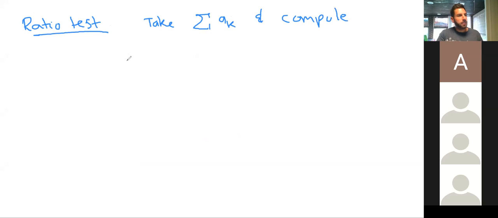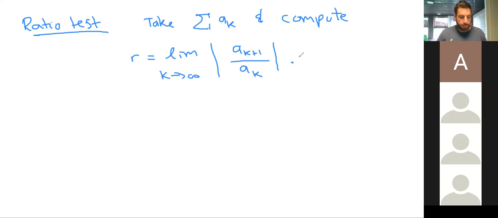For whatever reason, textbooks like to call this number R. Maybe R for ratio, I don't know, root. So what kind of limit am I going to take? I'm going to take the absolute value of the ratio of the terms. I'm going to take the (k+1)th term and divide it by the kth term. Now I'm going to take that limit.